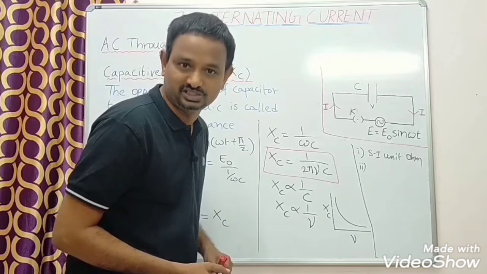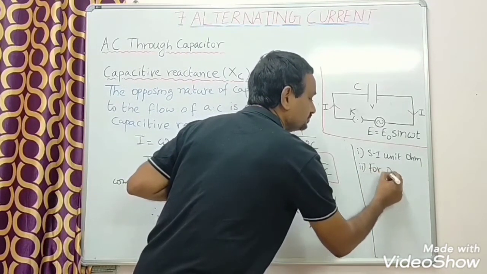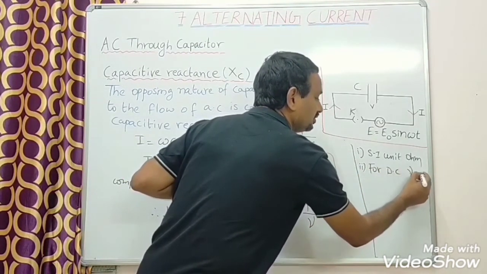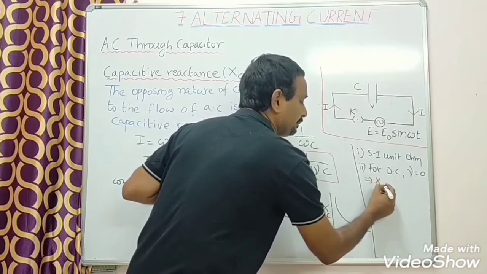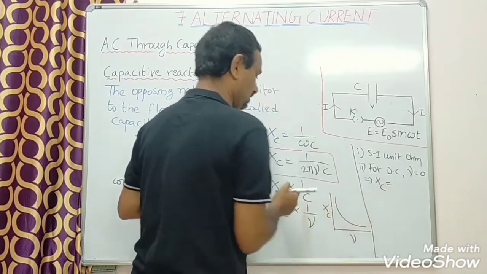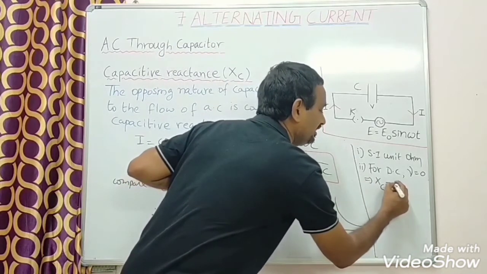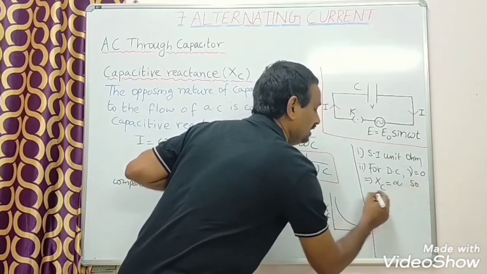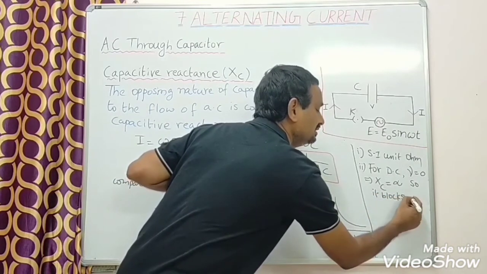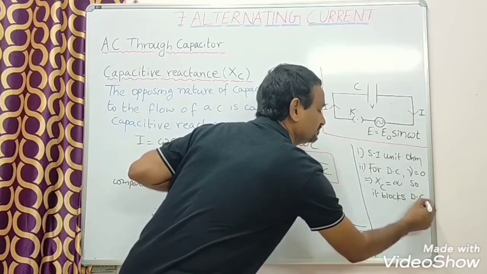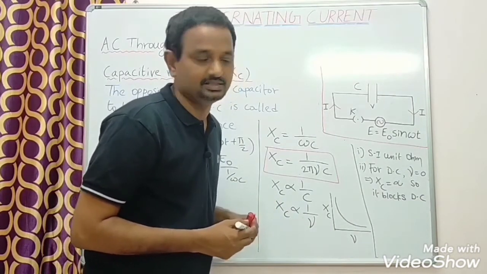Which one? Capacitor. Look at here. For DC, nu equal to 0. That implies capacitive reactance equal to infinity. So, it blocks DC and allows AC.